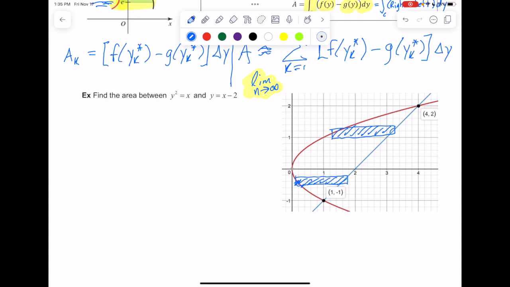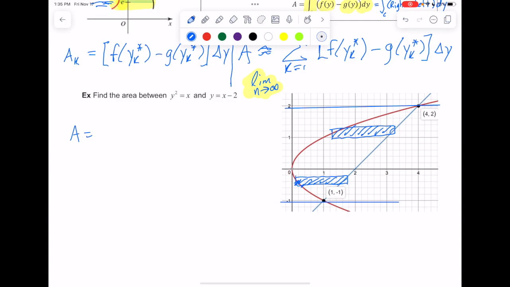Since there's no switch there, we can do it as one integral. But now it's going to be a dy because we're doing horizontal rectangles. So we're going from the lower point of -1 to this upper intersection, which is at 2. So now our limits of integration are going to be the y values instead of the x values.